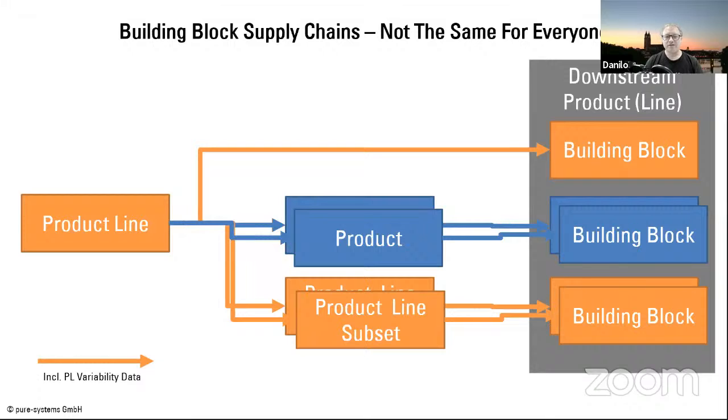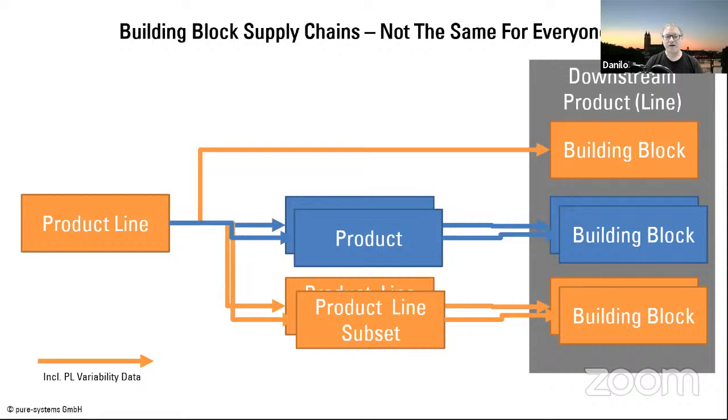So we have these three approaches, and all of them are used and are of interest. So modern product line engineering should be able to deliver any of these approaches as needed for the downstream product line and not focus on one or the other. There are a couple of challenges embedded in this one.